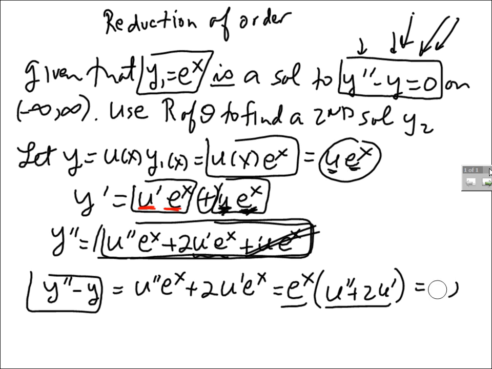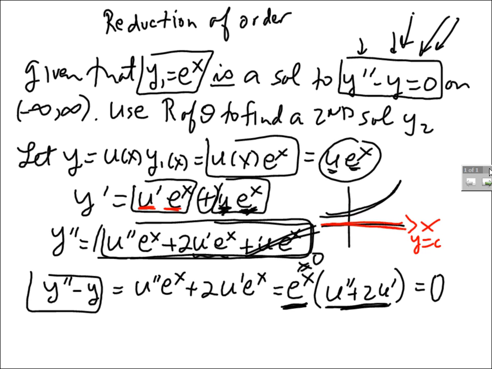Well, we're in an integral domain. If our product is 0, either this is 0 or that's 0. But e to the x is always positive. After all, it goes like this. This is where y equals 0.